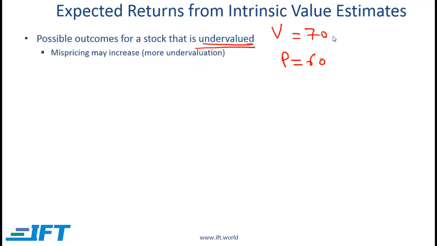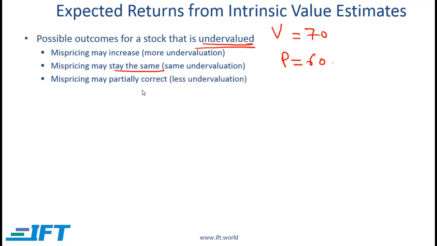One scenario is that this mispricing increases. In other words, you continue to believe that the value is 70, but the stock price falls. So the market price actually goes down, so this mispricing will actually increase. Another scenario is that over your holding period, the mispricing stays the same.